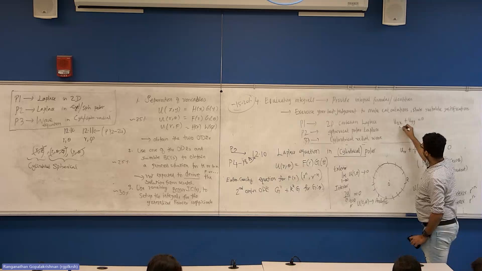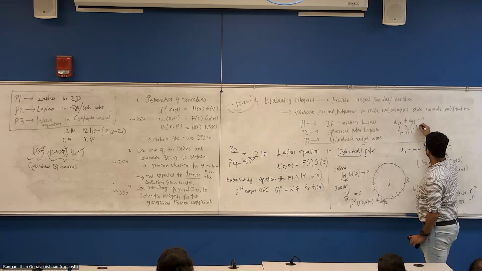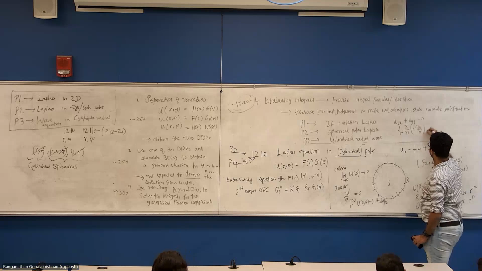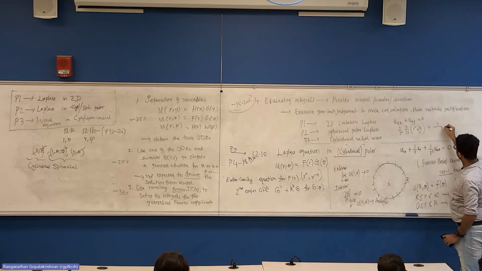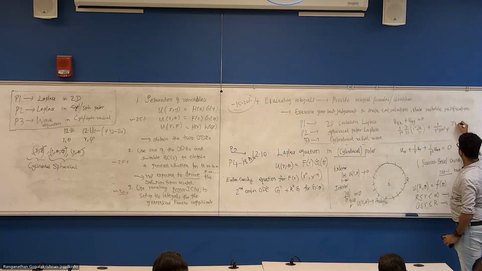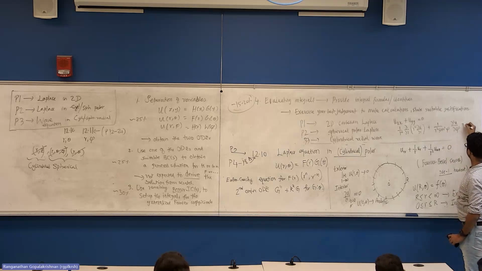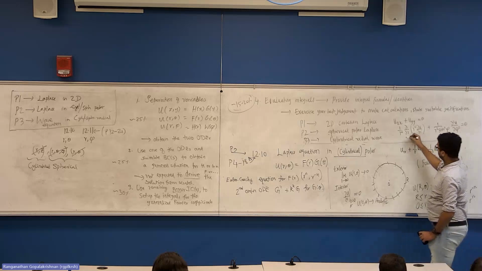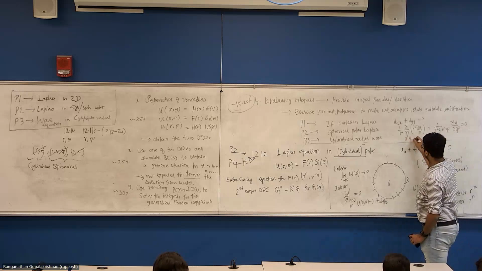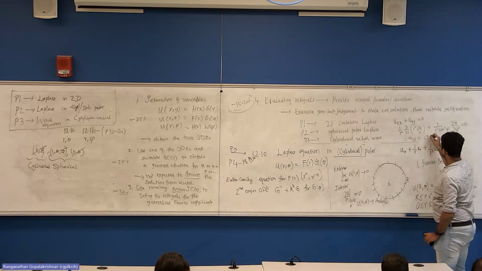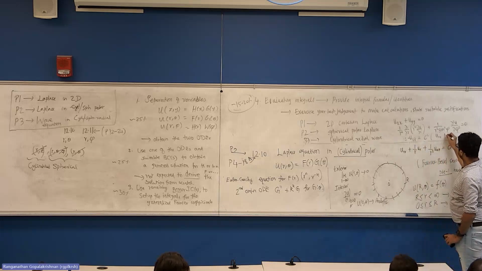This is the 1 over r squared partial r squared partial r plus 1 over r squared sine squared phi partial squared u over partial phi squared equal to 0. And this is second, or I'll write it, u_tt equal to c squared times u_rr plus 1 over r u_r.